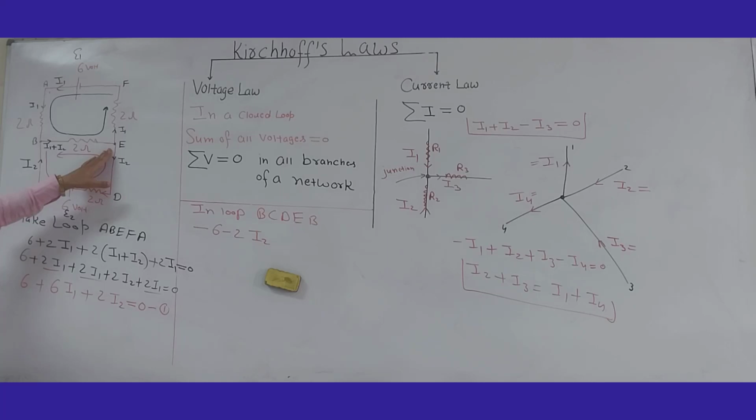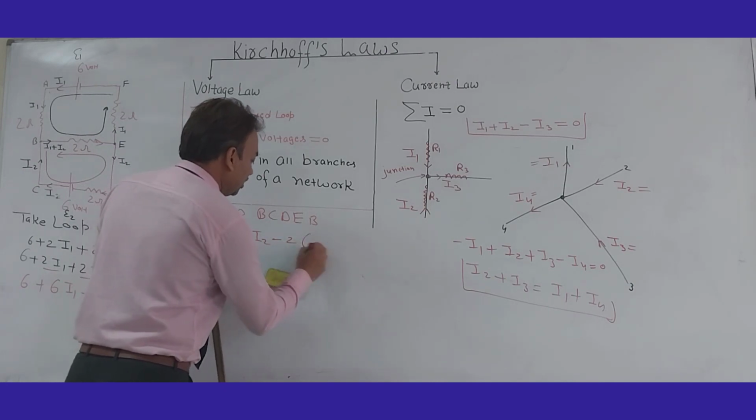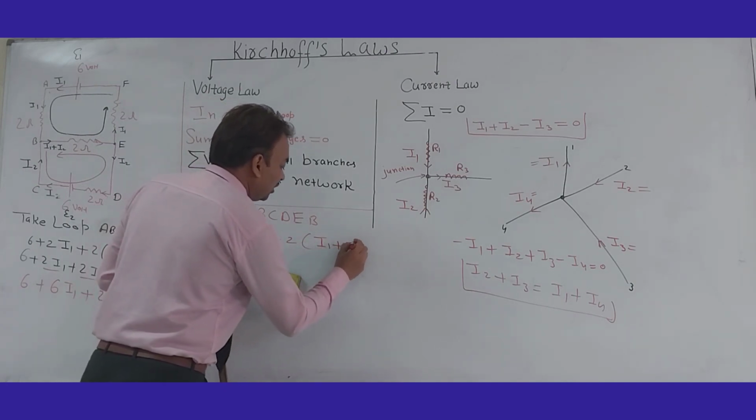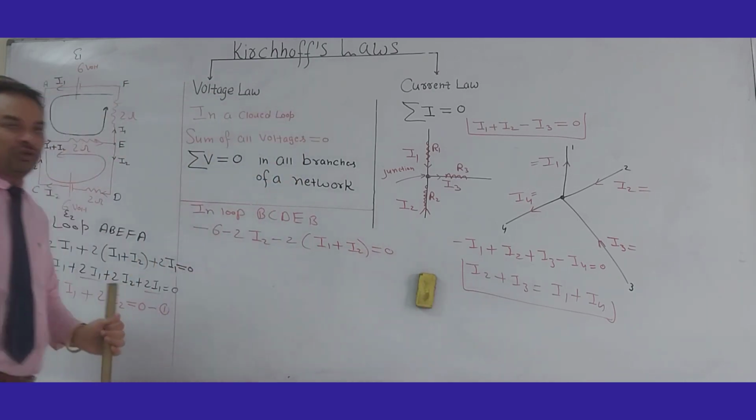Finally I move from E to B, opposite to the current, because the current is from B to E and my direction is E to B. So again minus 2 times I1 plus I2, that should equal 0.